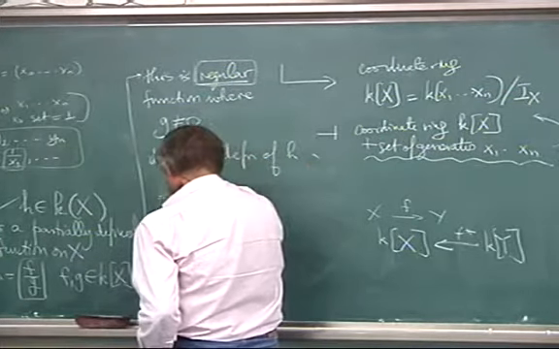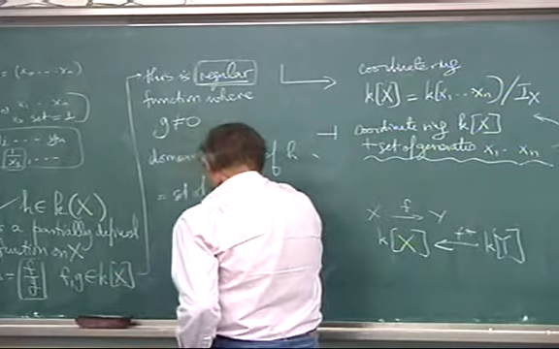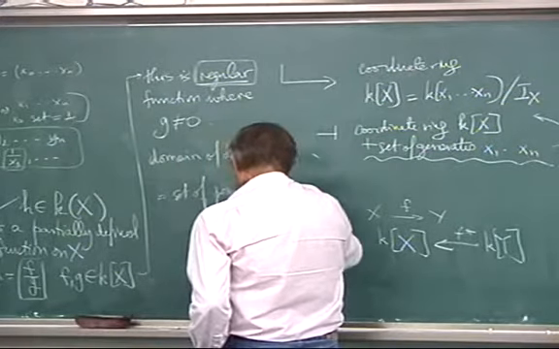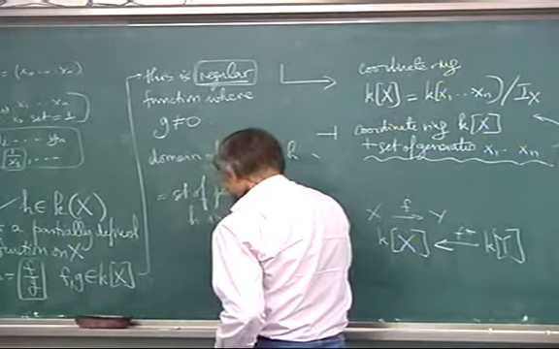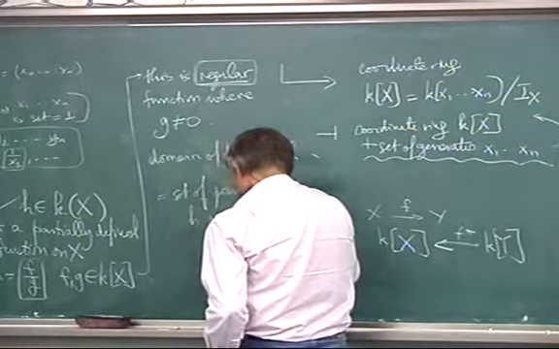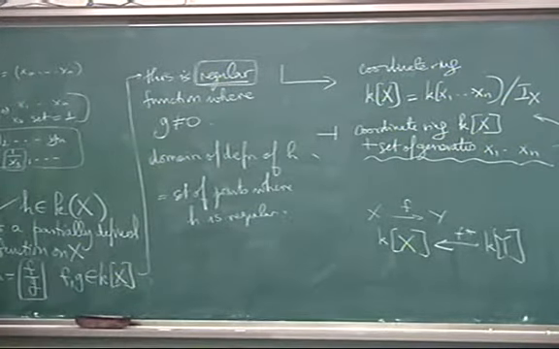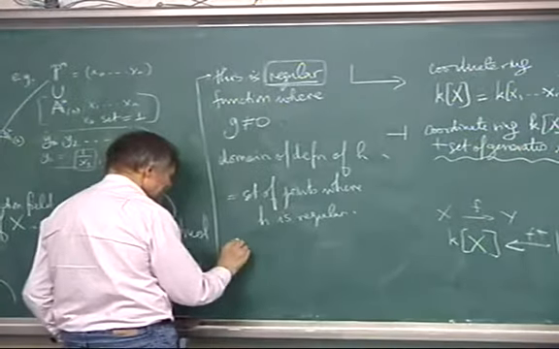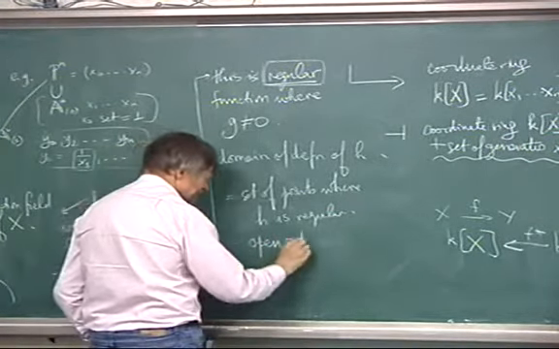This is the set of points where h is regular. In other words, this is an open set in the Zariski topology.